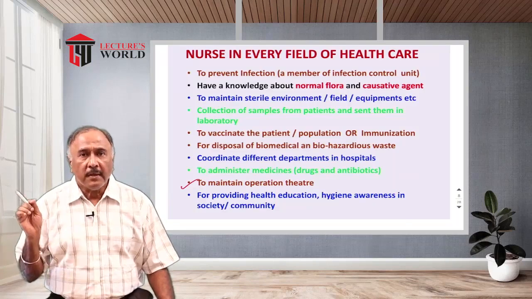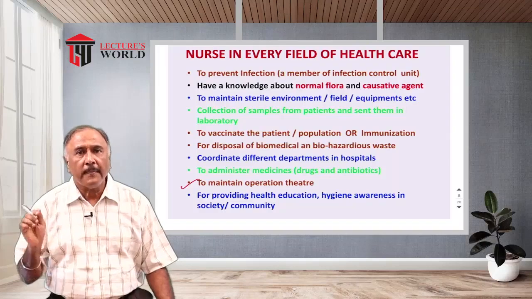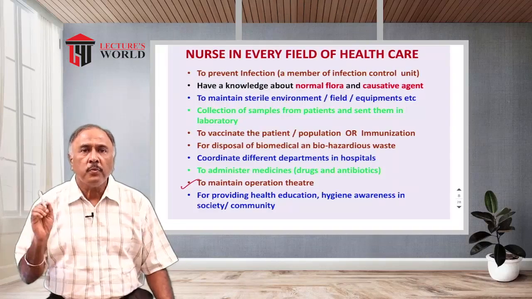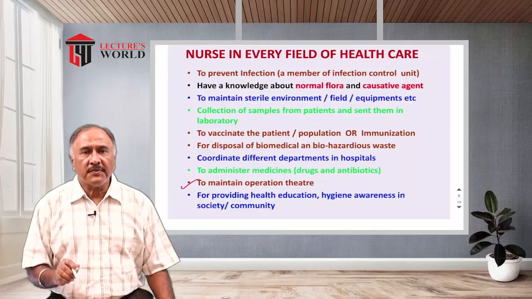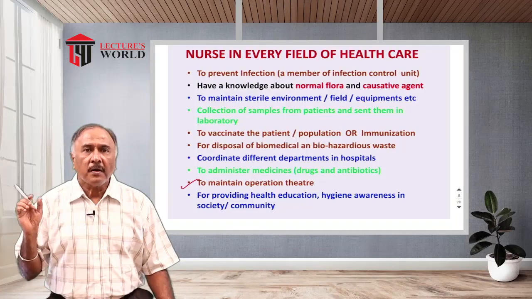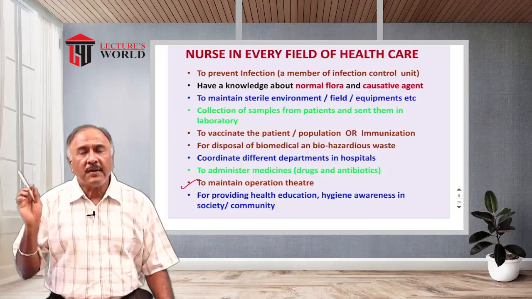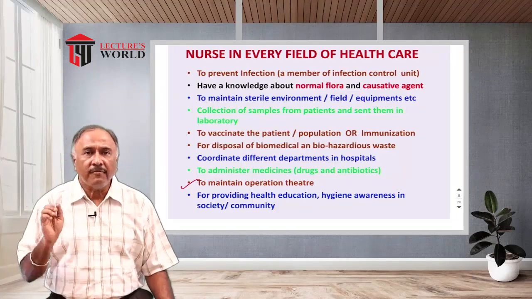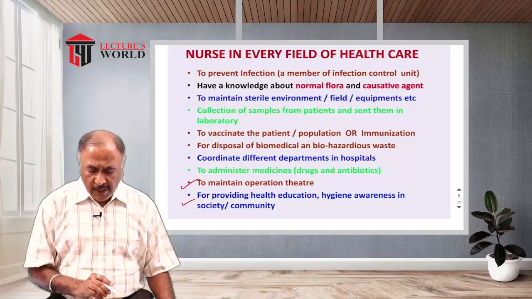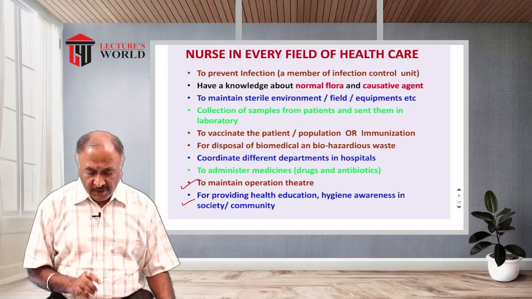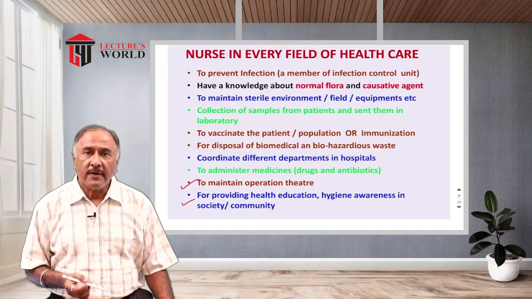There should not be post-surgical complications, which are normally observed due to lapses in aseptic procedures. This would unnecessarily increase the stay in the hospital, and the financial burden is very high. Then finally, providing health education and hygiene awareness to the community, which we have already discussed in detail.